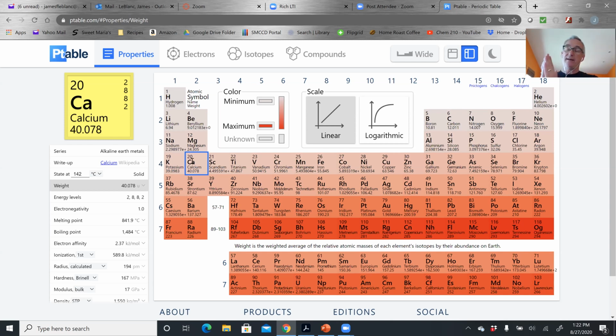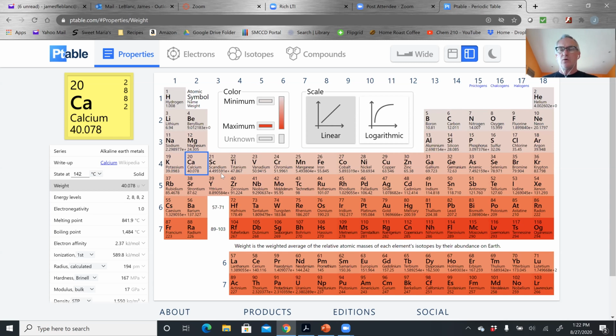But as the elements get bigger and bigger, once we get up to around element 25, 26, 30 or so, we start getting more neutrons than protons. So when we get to the really big elements like uranium, there's a lot more neutrons. That's why a lot of the really big ones are radioactive. Too many protons, too many neutrons.